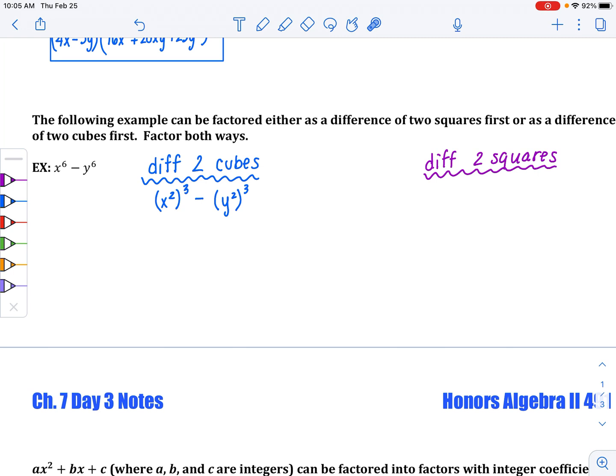Okay, now that I see this, let's plug into my formula. So the normal formula is take your first term, subtract your second term, multiply it by your first term squared plus your first and second term plus your last term squared, so y to the 4th.